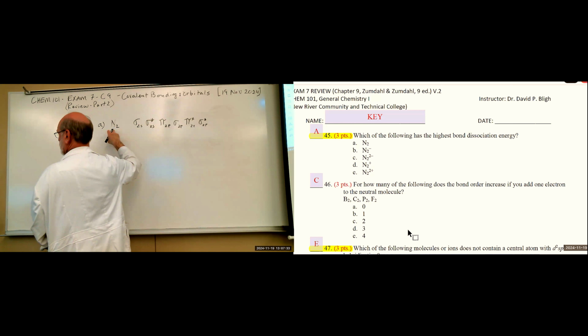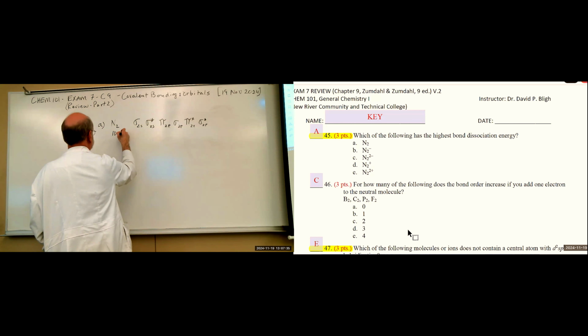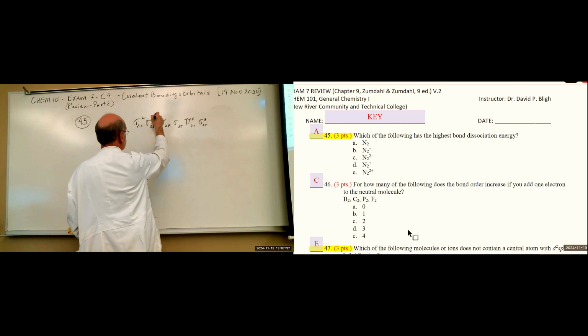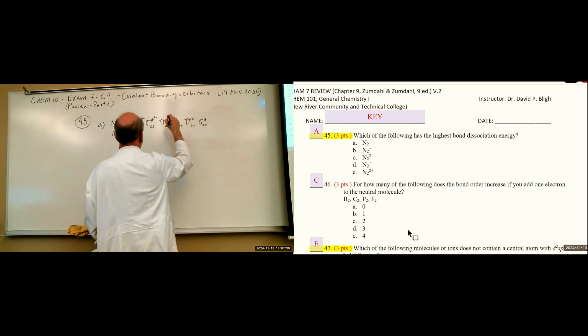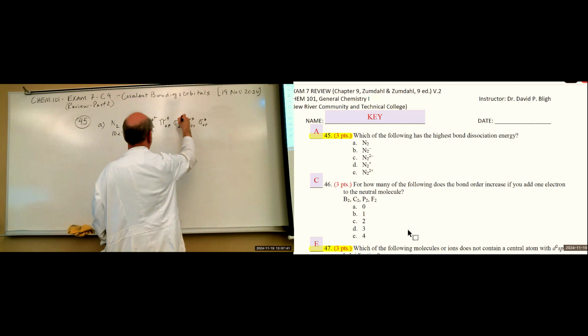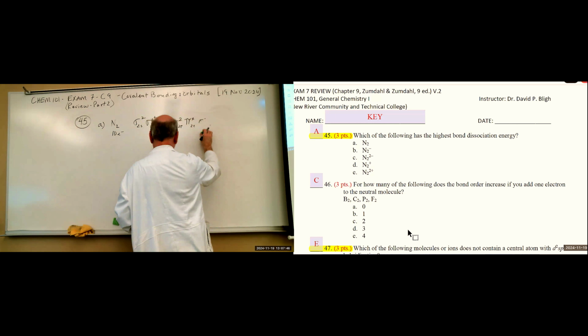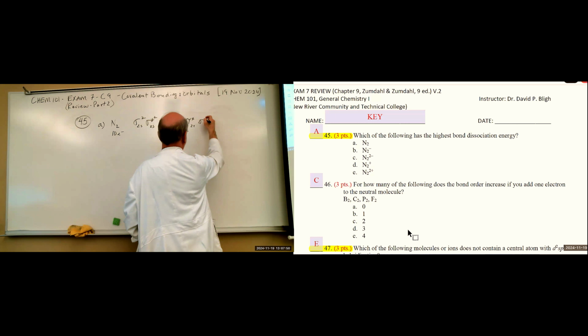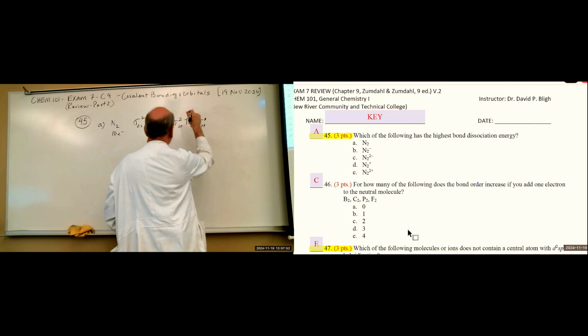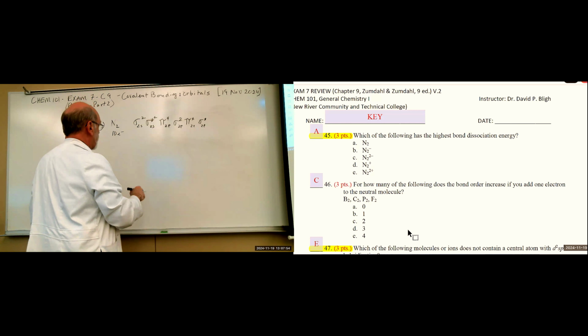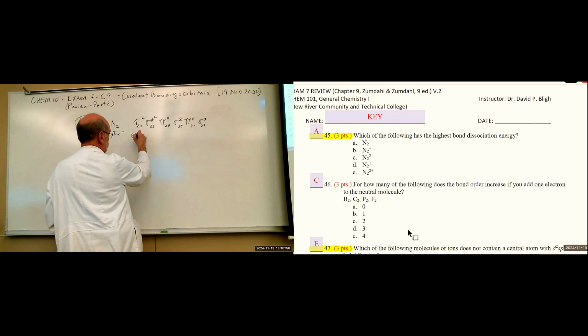So this is 10 valence electrons. 2, 4, and 8, and then 2 more. All right, so we don't need these others. Oh, we might. Hold on a second. Because we're going to make some ions too, aren't we? So we'll leave those there. All right, so the bond order here, we know it's 3. We've calculated this one before.